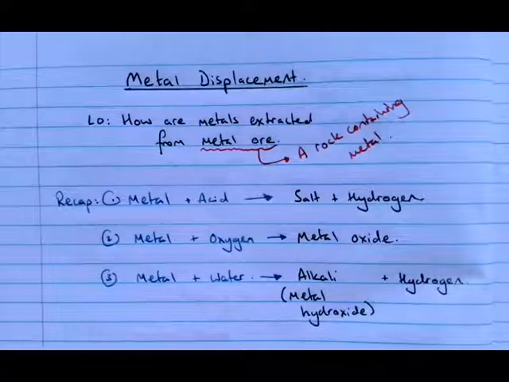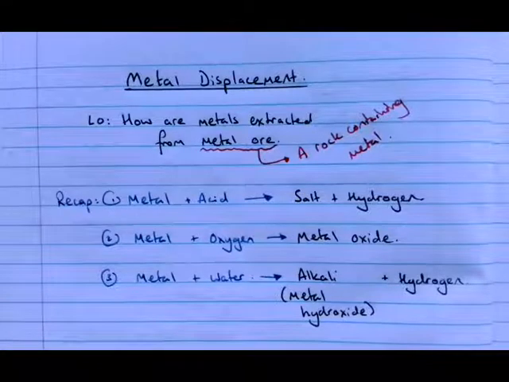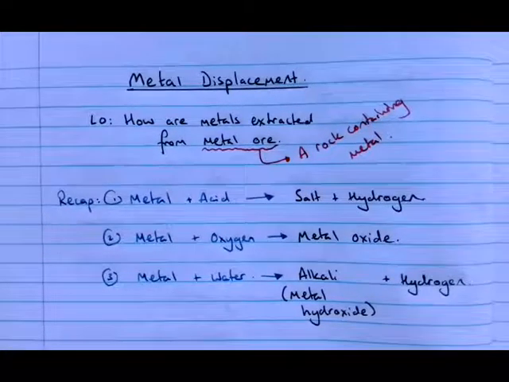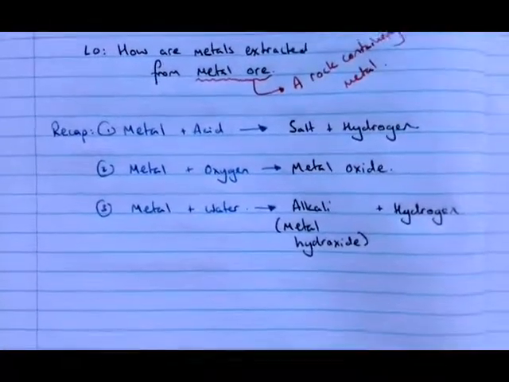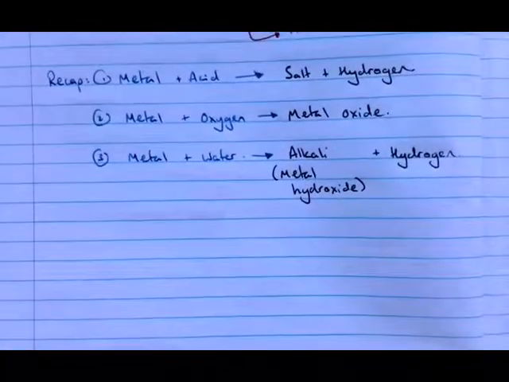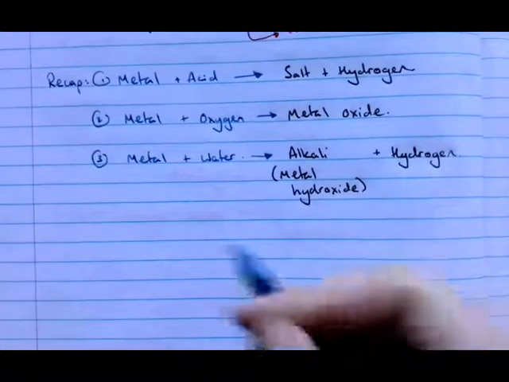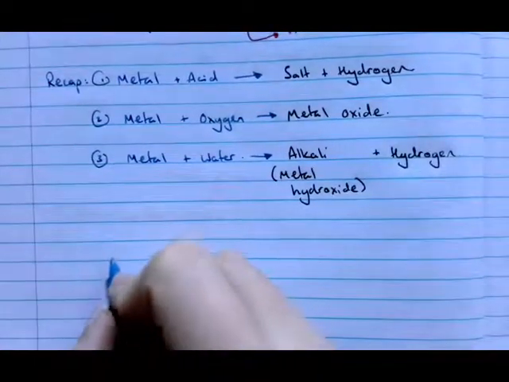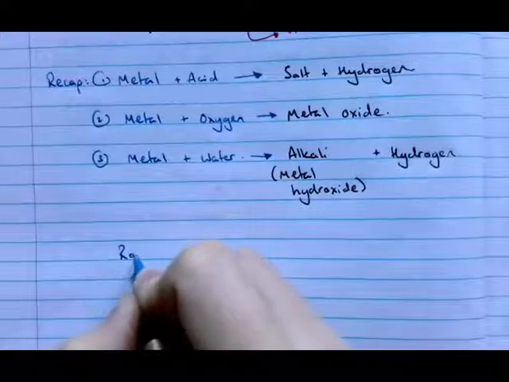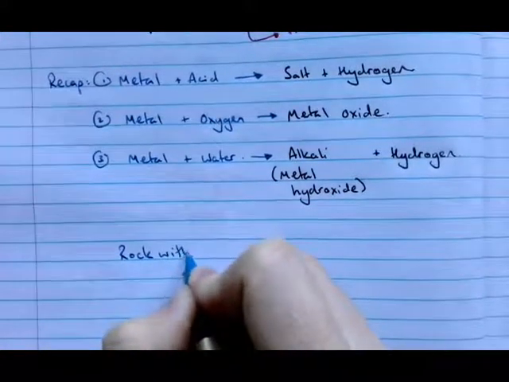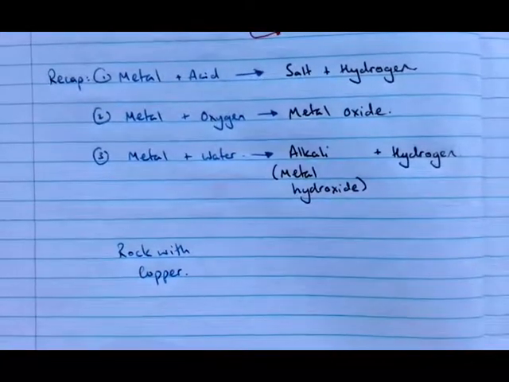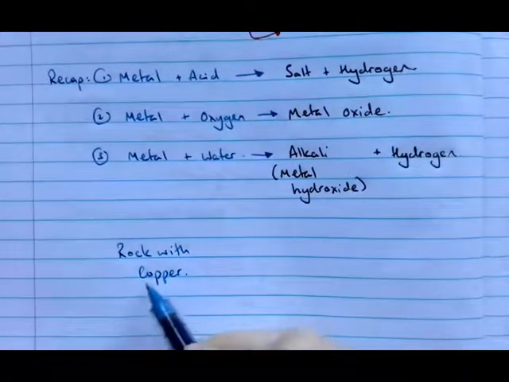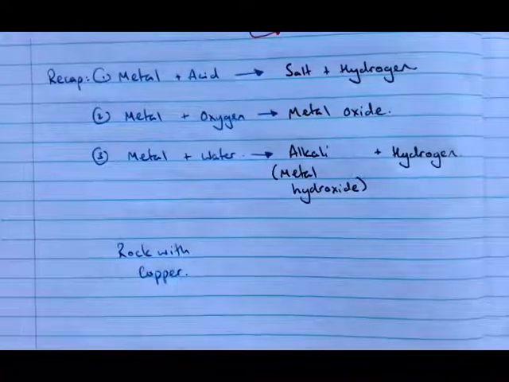There are a number of different ways of doing it, and one of them is metal displacement. So if we take a look at an example, we could imagine that we have dug out of the ground a rock with copper in it. Okay, so that would be copper ore. So how do I get my copper from my copper ore?